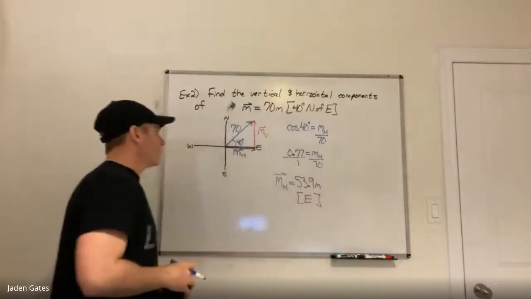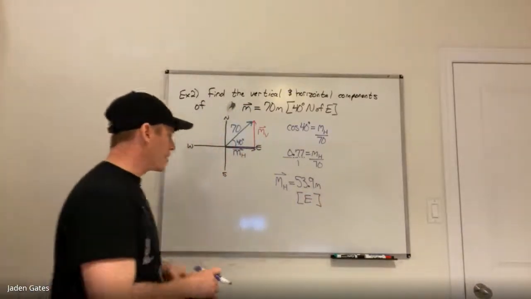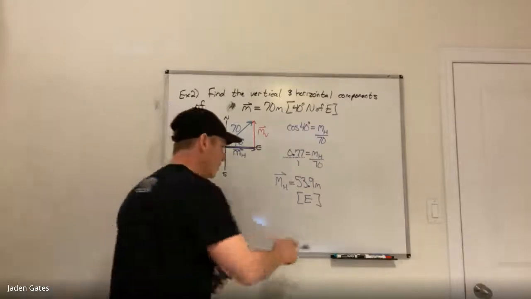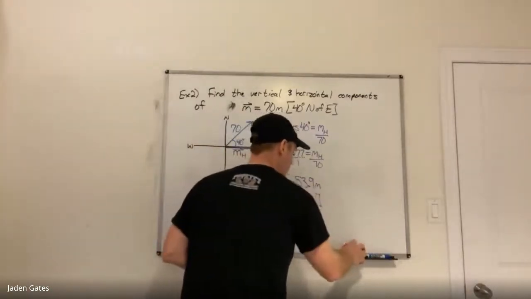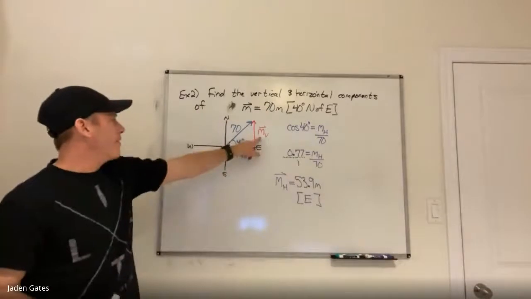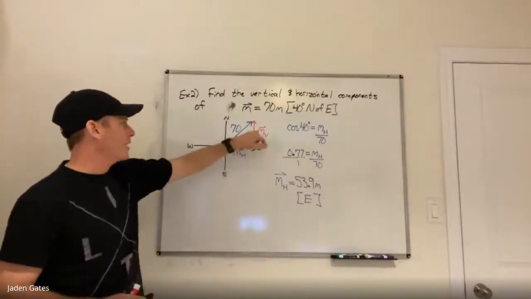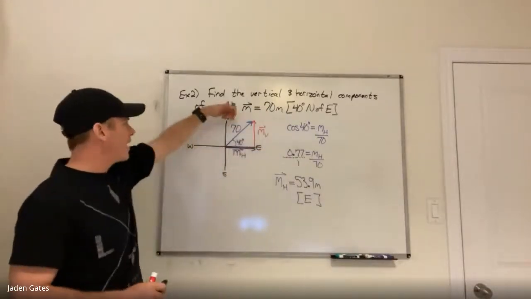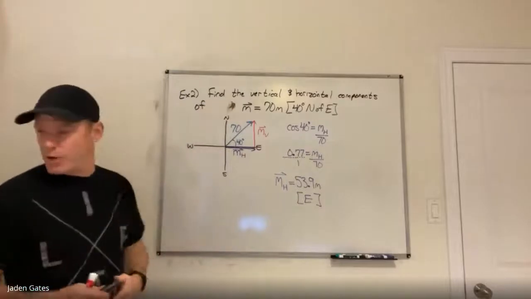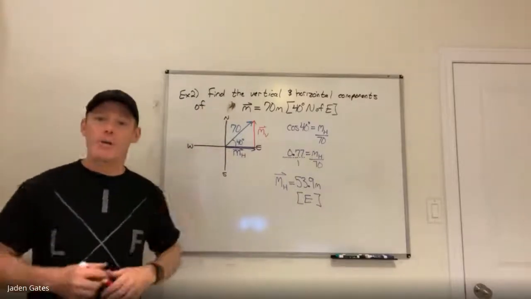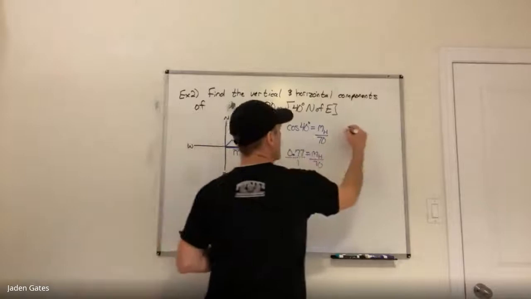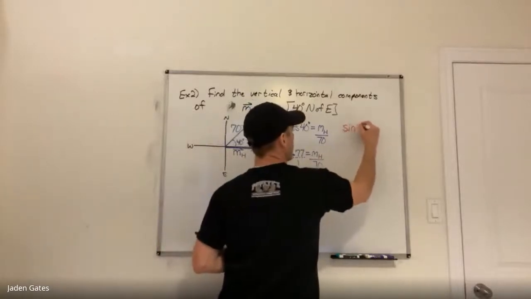All right. Next up is my vertical component. And again, using trigonometry, I look at my MV compared to my 40-degree angle. It is the opposite. And again, I have the 70, which is my hypotenuse. So when you have the opposite and the hypotenuse, I got sine. So I've got sine of 40 degrees.